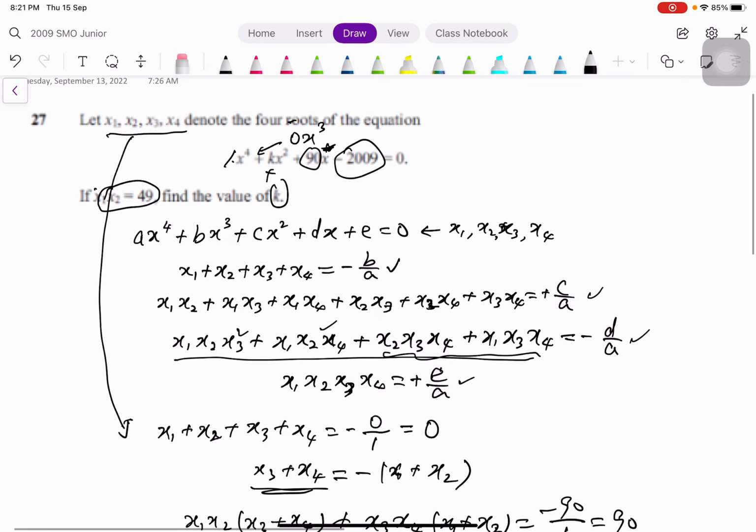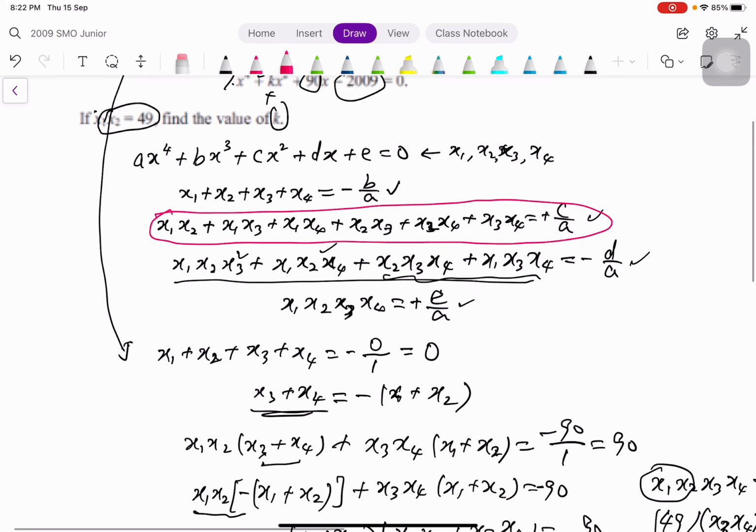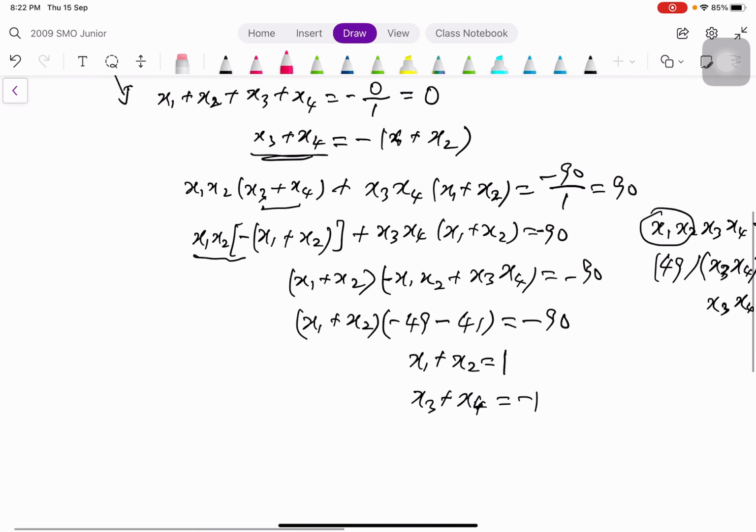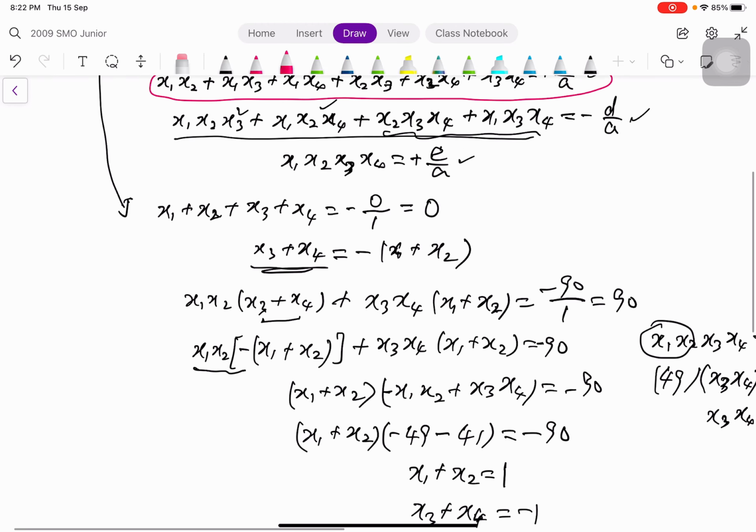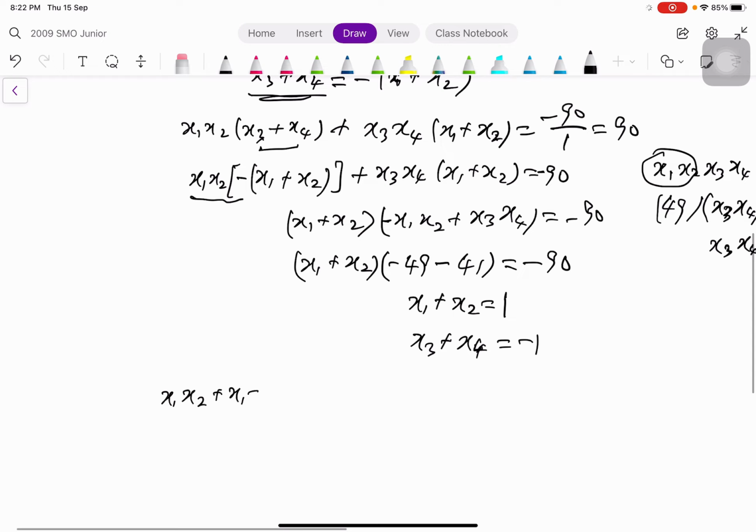Then in this case, what is the value of k? The value of k is this expression, the sum of the products of two roots. Let me write it down: x1x2 plus x1x3 plus x1x4, and then x2x3 plus x2x4, and then plus x3x4.